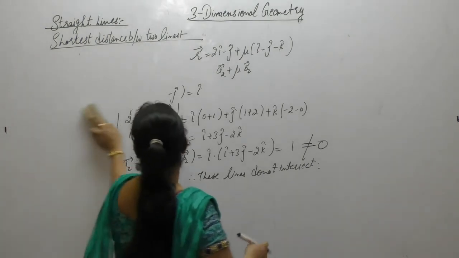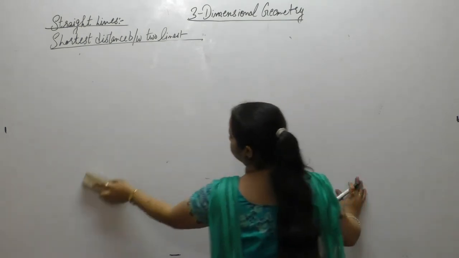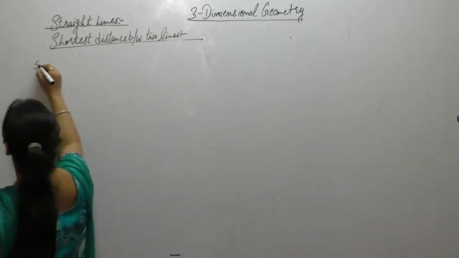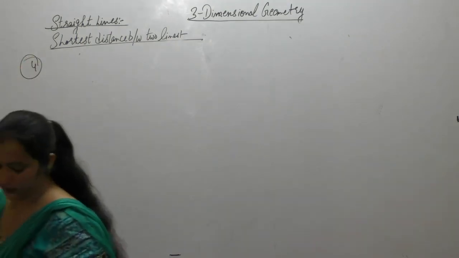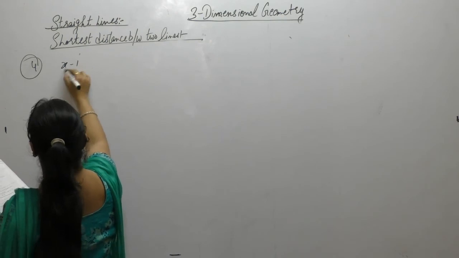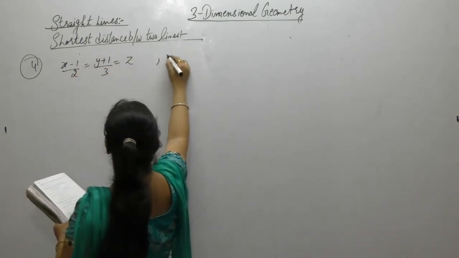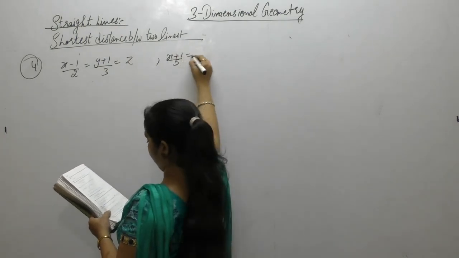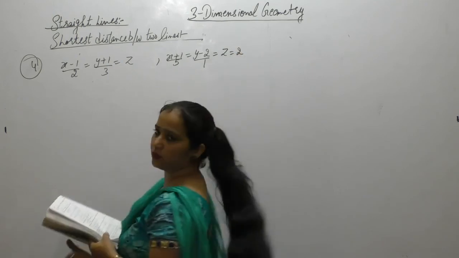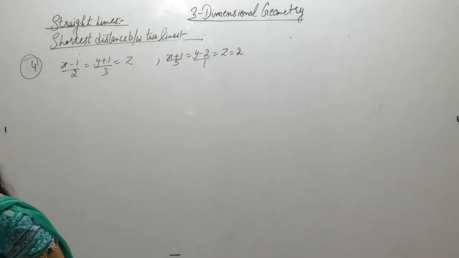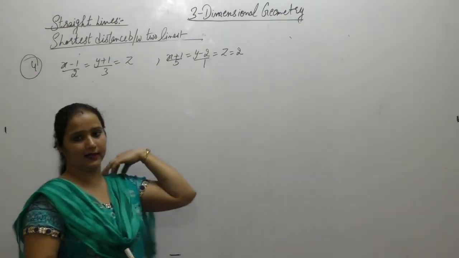Now next equation is x minus 1 upon 2, y plus 1 upon 3, z, and x plus 1 upon 5, y minus 2 upon 1, and z is equal to 2. Now इसे भी हमें प्रूव करना है कि ये इक्वल है 0 के या नहीं.